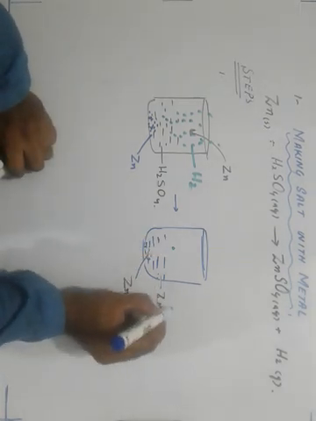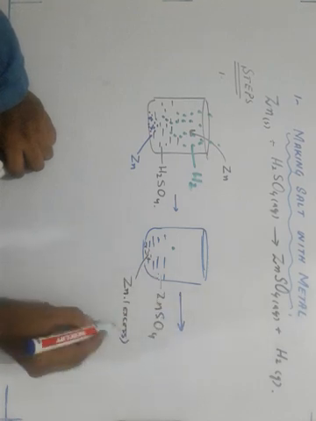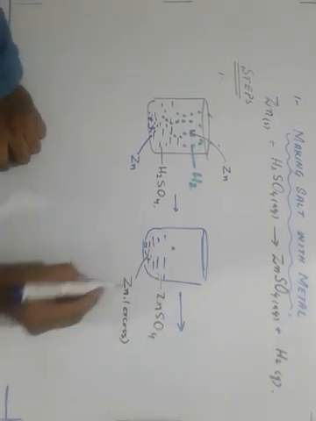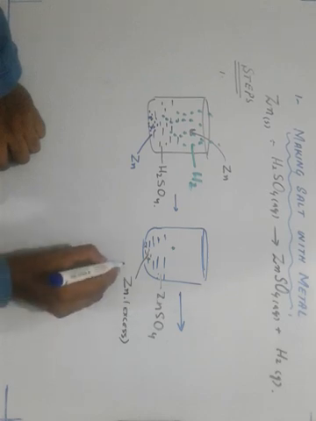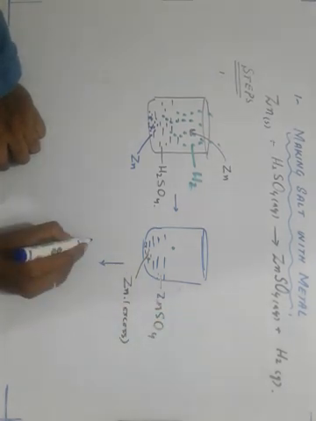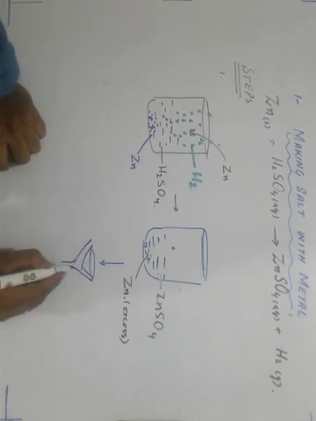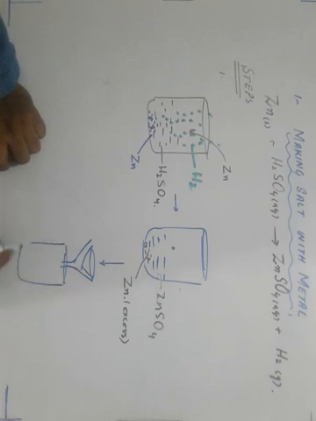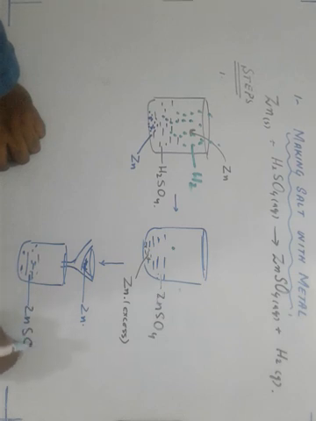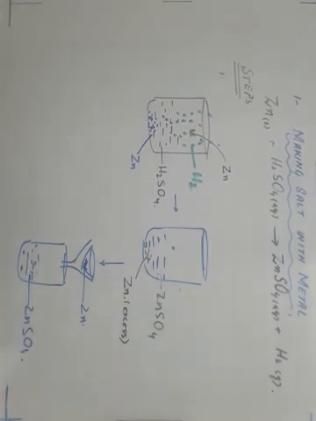So what can you do? Now you need to remove this extra zinc from the zinc sulfate. So you will perform the process of filtration. So the excess zinc remains on the paper, and you have a filtrate which is ZnSO4. Some zinc is still left, so you remove it through this process.